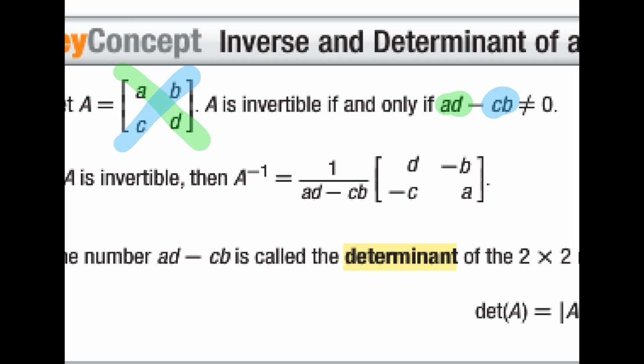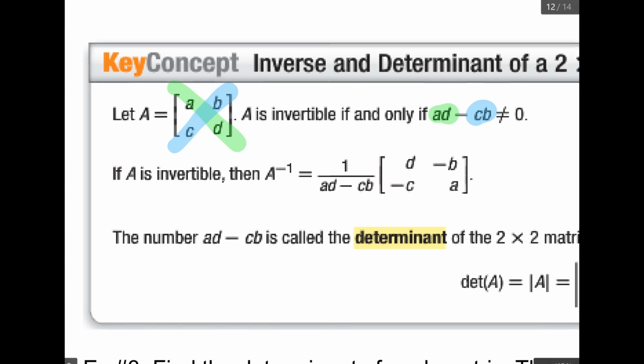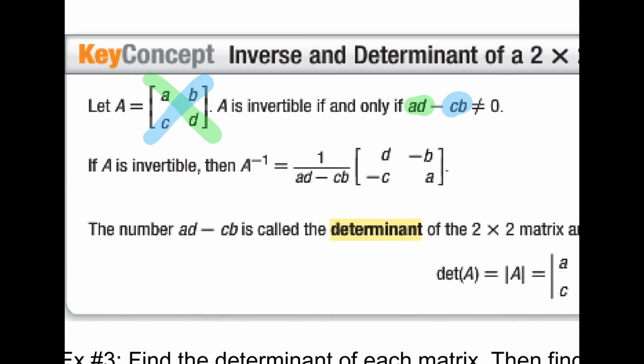So we talked about how to tell if two matrices are inverses of each other, but now how can you make the inverse? A is invertible, aka you found that the determinant is not 0. Then you find the inverse matrix by doing this. You have 1 over the multiplication, subtraction.